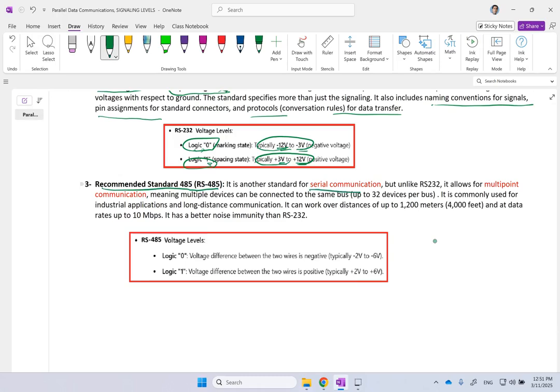This is also for serial communication, but it can work for multi-point communication, meaning that several devices, up to 32, could be connected to the same bus. It is mostly used for long distance communication as opposed to the previous one, which was for short distance, and for industrial applications. The wires can carry up to 1200 meters.